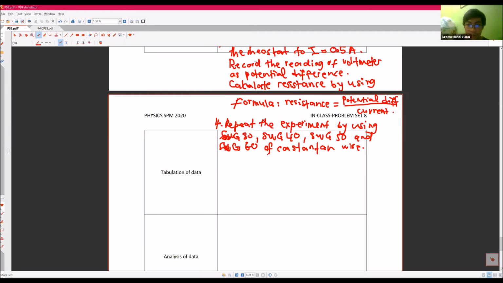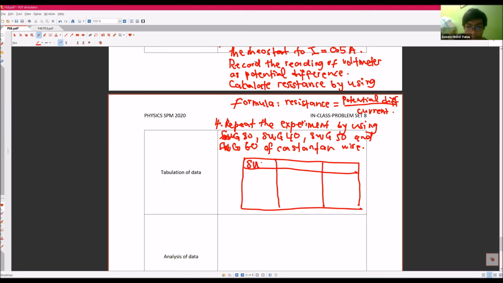So tabulation of data, we have a table here. Make sure that you make it using ruler and neatly. So SWG, potential difference, you have to write it in full. Resistance. But you can also write in a symbol, a very well-known symbol. For example, the potential difference is also a V symbol, but you have to define it in the procedure.